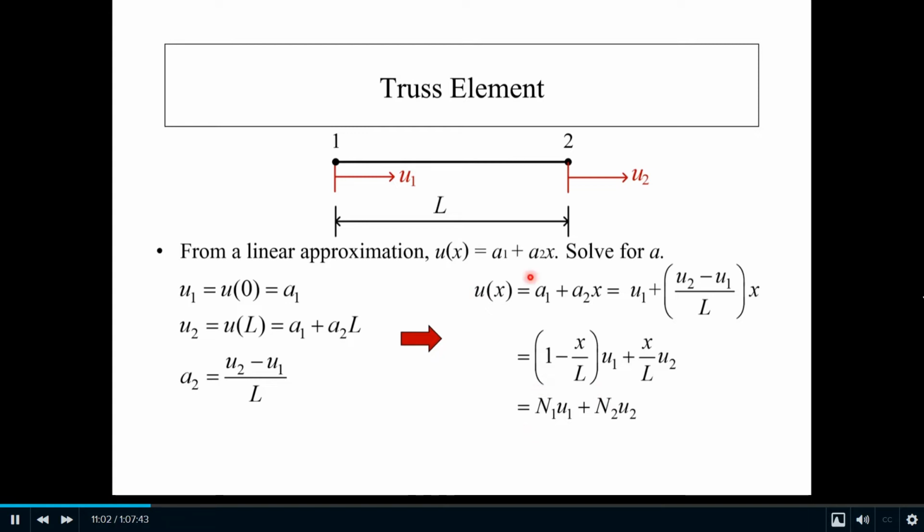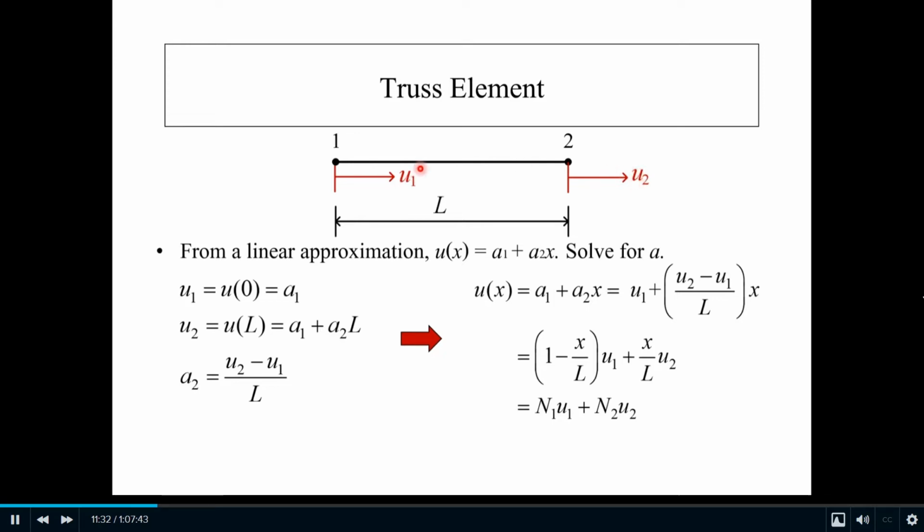So if you ask me, what is this? It means that of course your displacement approximation for this thrust element is linear, because it involves a linear function in the equation. U1 and U2 are nodal degrees of freedom, and you get their values after you solve your equation.